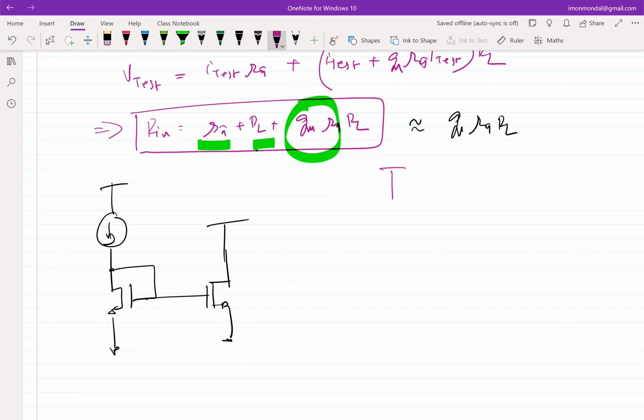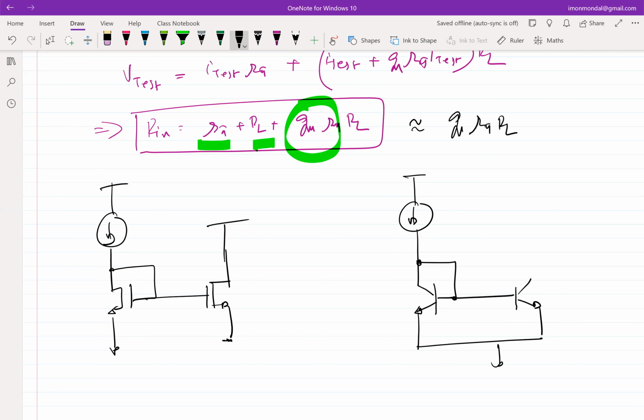But in case of a BJT, if you also connect it like that, the problem is now you have a base current.